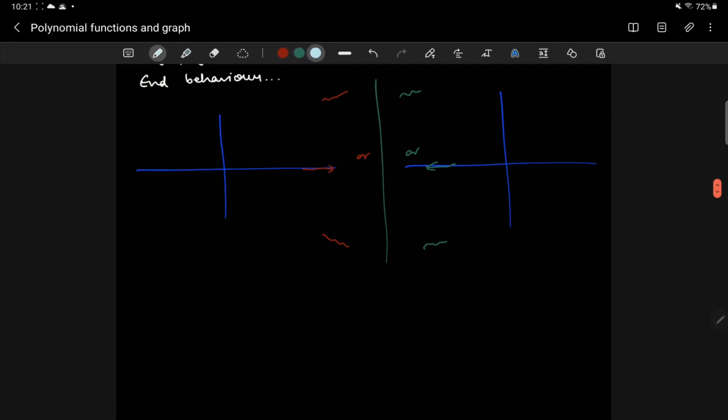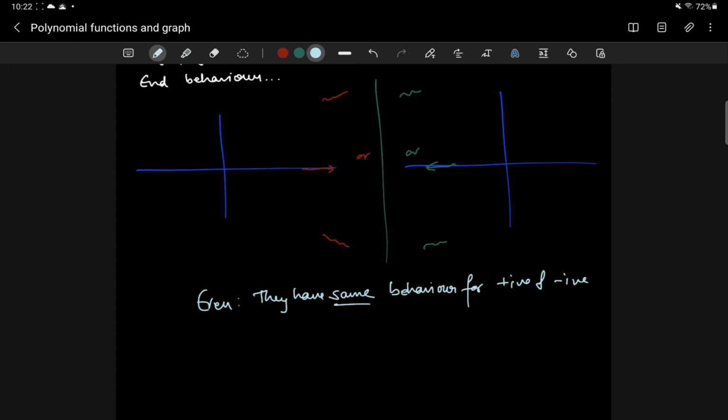But you also have to remember that if it's even, then they have the same behavior for positive and negative. Now if you ever forget that, you can just remember x squared. If you have x squared, then both positive and negative go to positive.